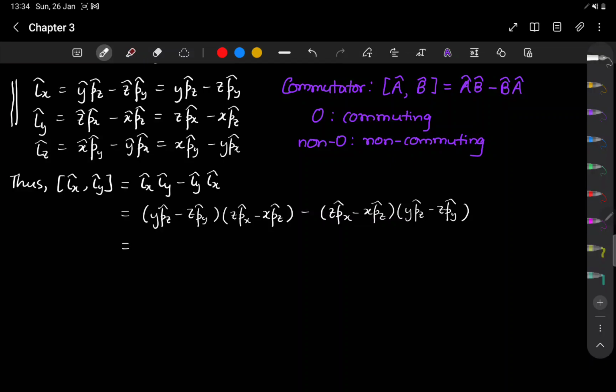Now let us open up these brackets and let us multiply these terms. So you have y pz z px minus y pz x pz minus z py z px and then plus z py x pz.